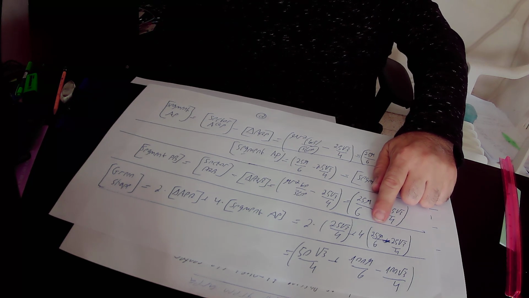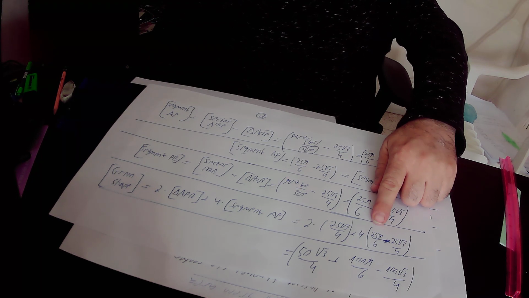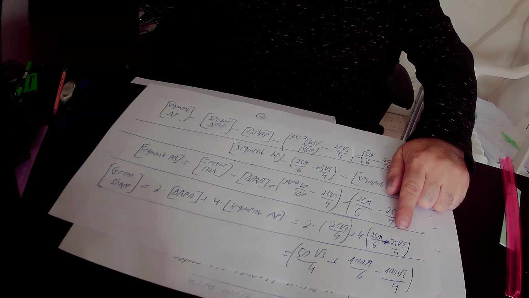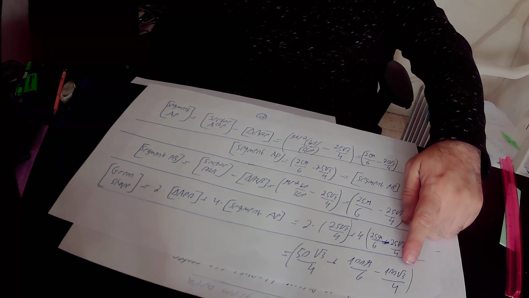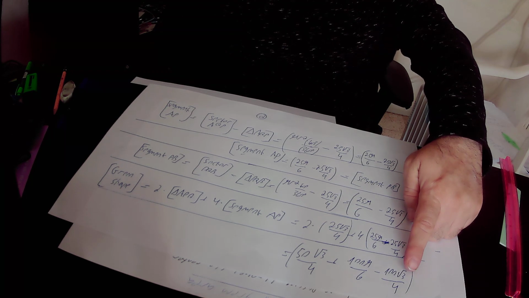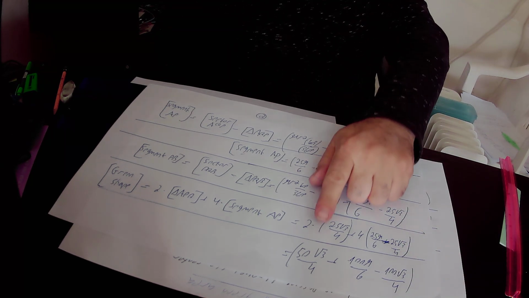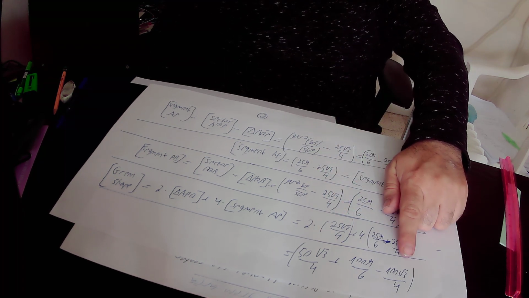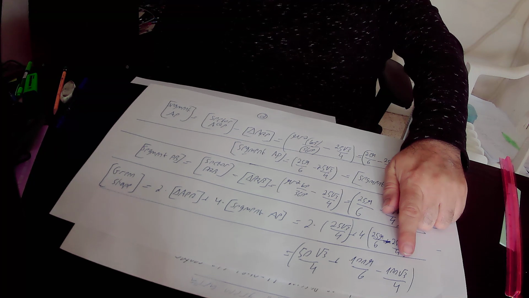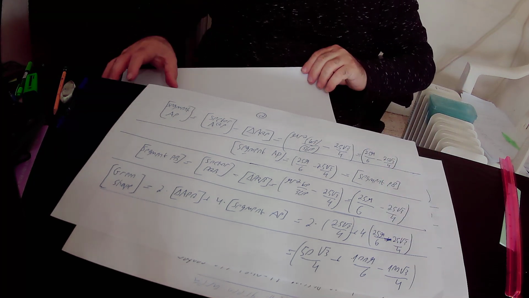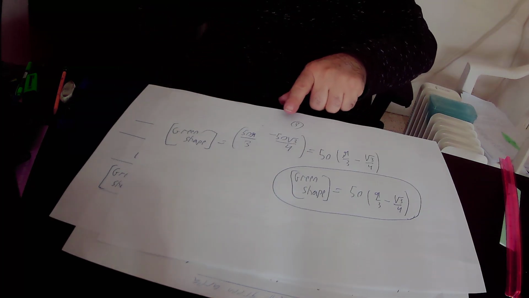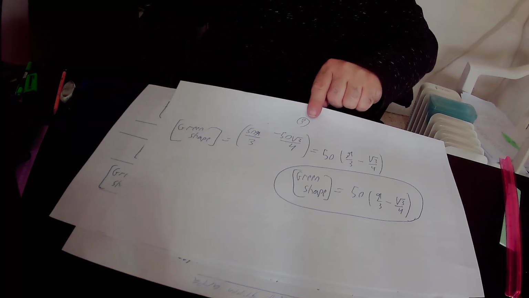4 times 25 is 100, so the value of this expression is 100 pi over 6, and 4 times minus 25 times square root of 3 over 4 equals minus 100 square root of 3 over 4. So here 50 times square root of 3 over 4 minus 100 times square root of 3 over 4 equals minus 50 square root of 3 over 4.